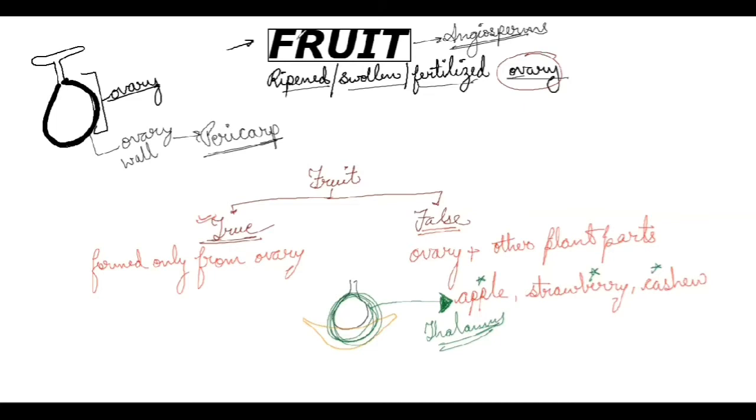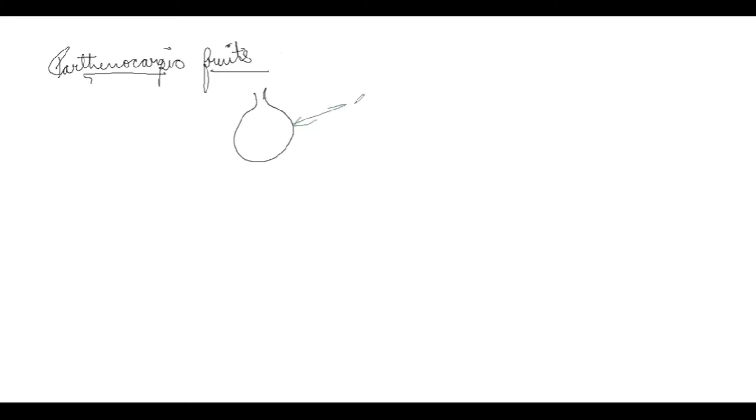Now, next we have another term known as parthenocarpic fruits. Remember, in the beginning I told you that fruits are formed by the fertilization of the ovary, but sometimes this ovary just becomes swollen, forming a fruit without any fertilization under the influence of some hormones like auxin.